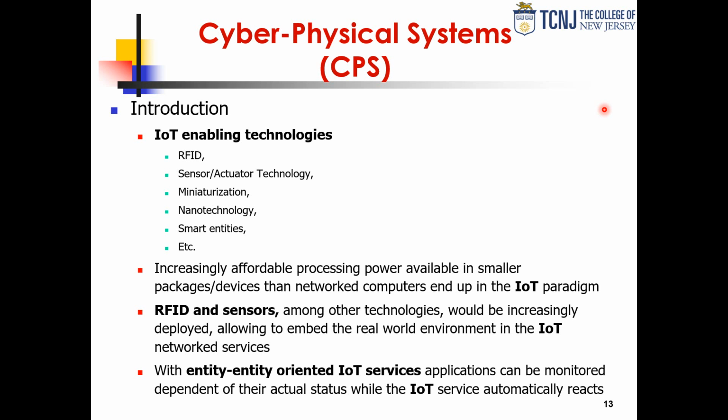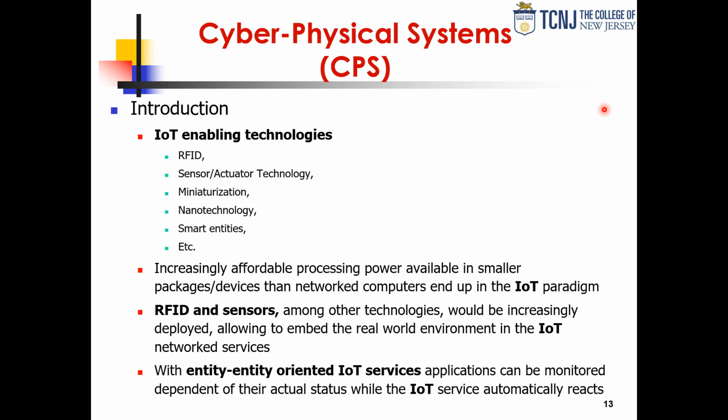And overall, these processors being so low cost and having enough memory and processing power to do some type of intelligent processing become these smart entities. Because now software can be done not just on big computing elements, but everywhere.